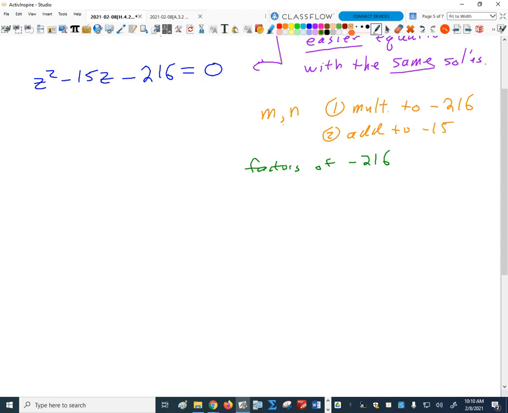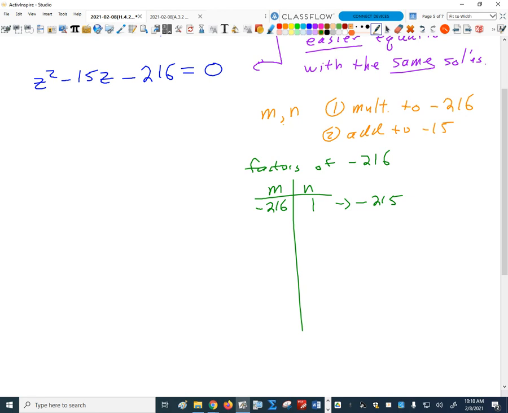Okay, so we know that the negative is bigger, right? So we'll just make our choices here. I could do negative 216 times 1, but when I add those up, I get negative 215, which is way too big.